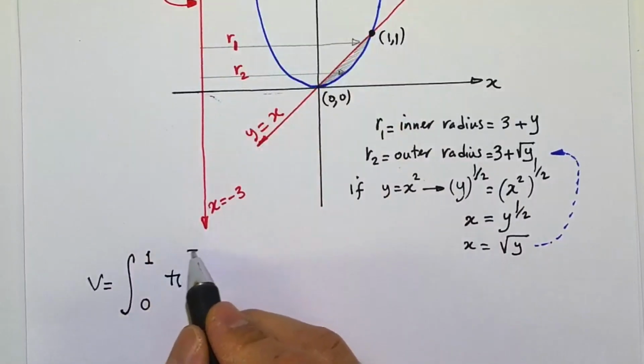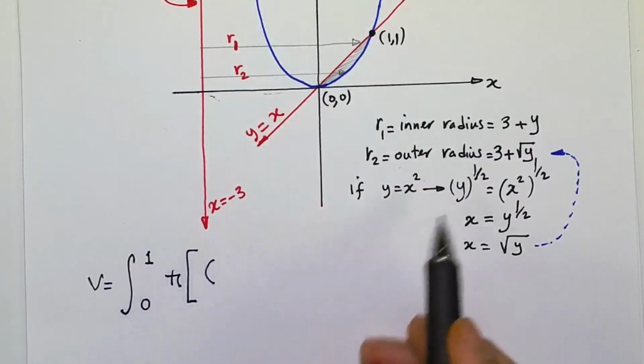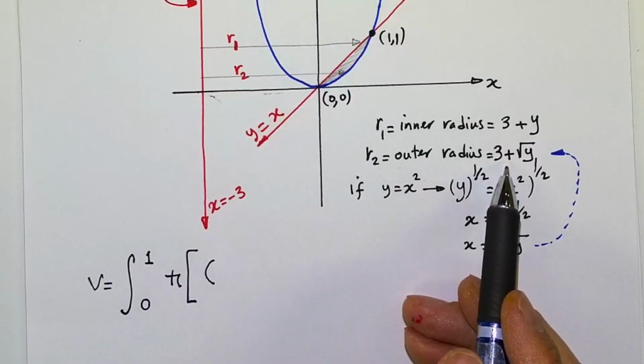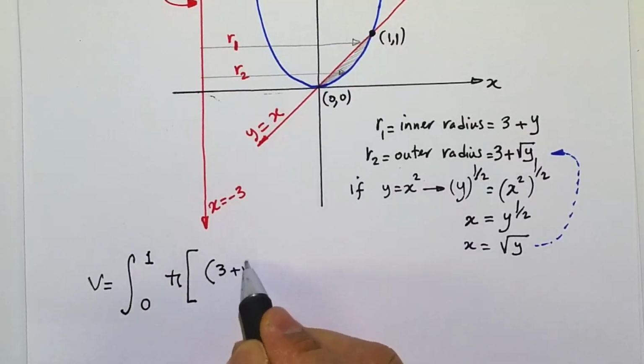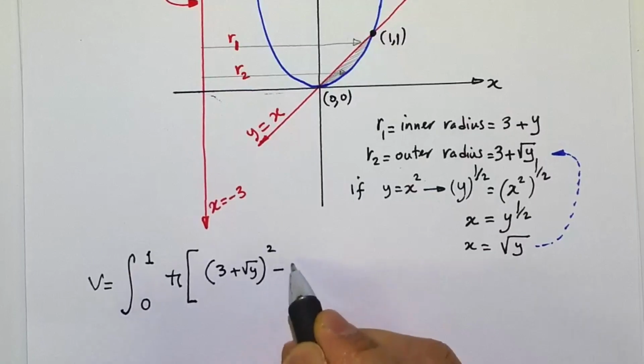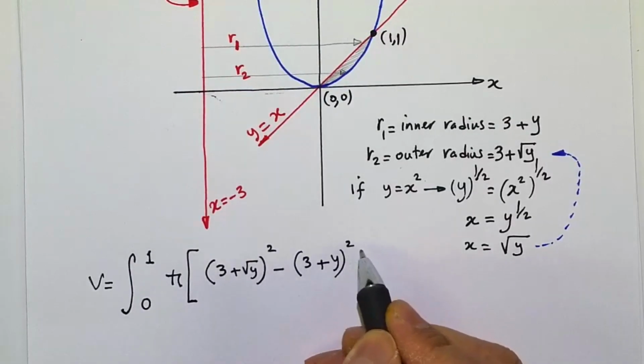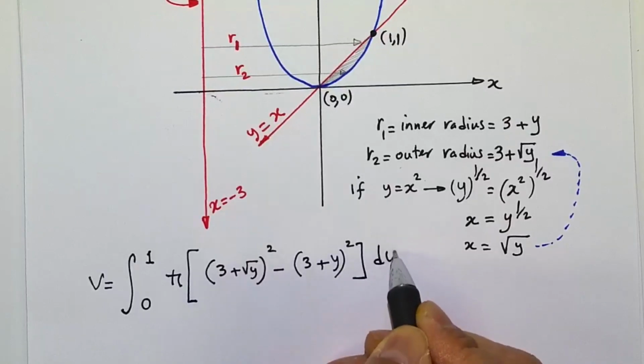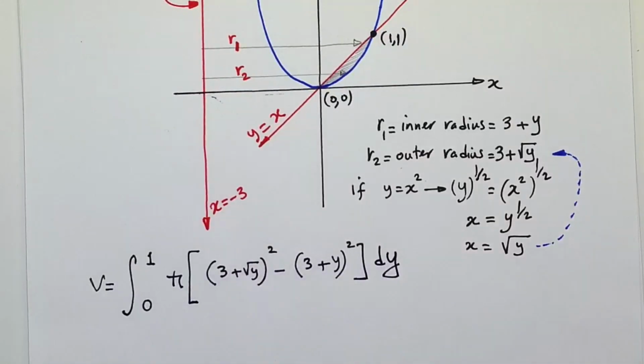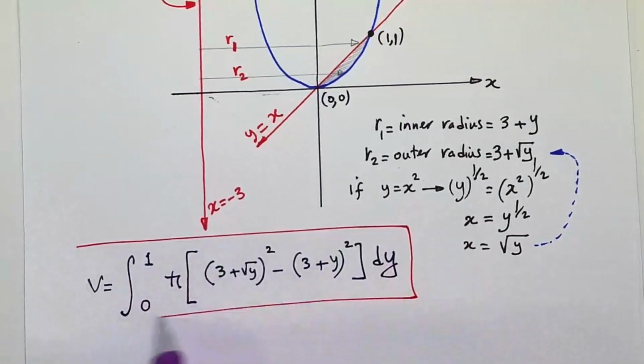Then of course pi times outer radius, which is 3 plus square root of y, squared, minus 3 plus y squared. And that is, of course, dy. Okay. So this is our integral.